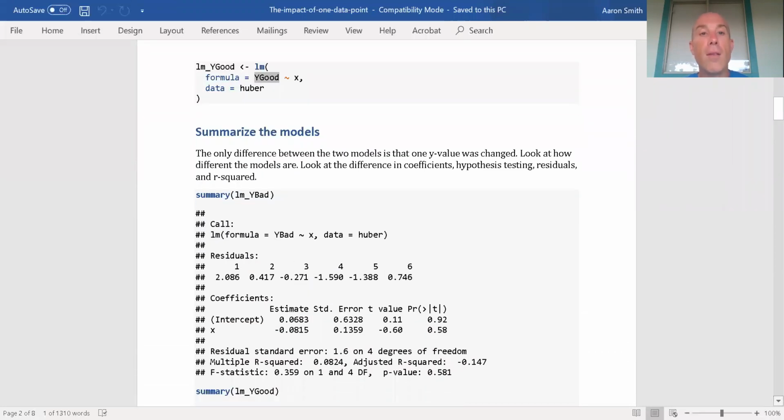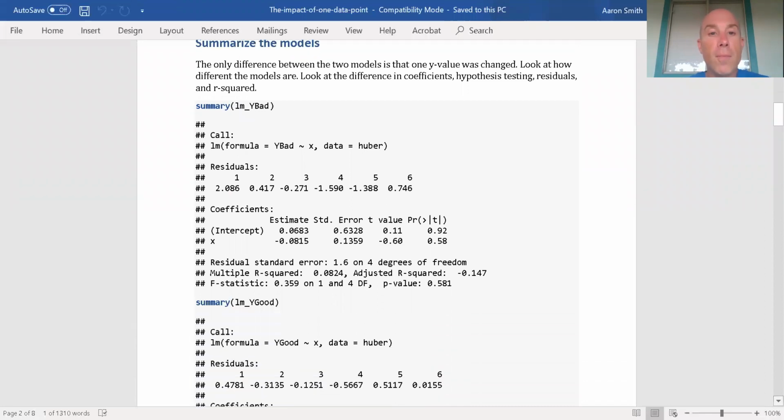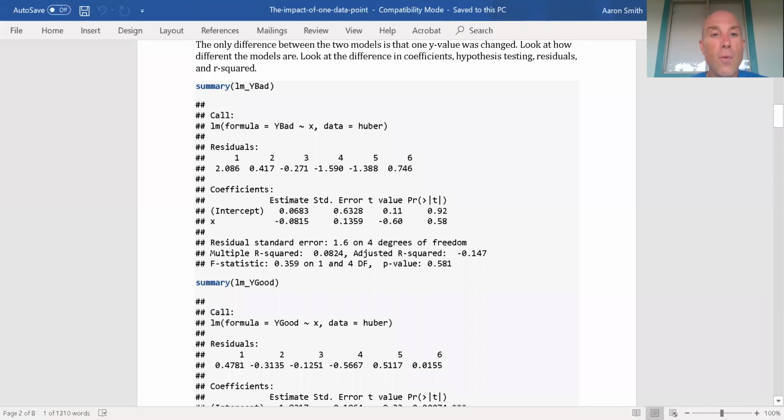So let's see what happens. Let's take a look at the summary of the models. First and foremost, let's look at the residuals. 2.4, negative 0.3, negative 1.6, negative 1.4, and then 0.7. That's for the bad case.